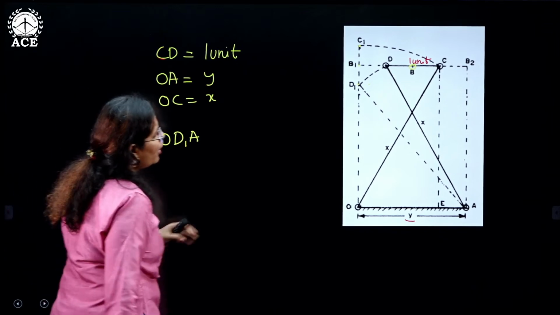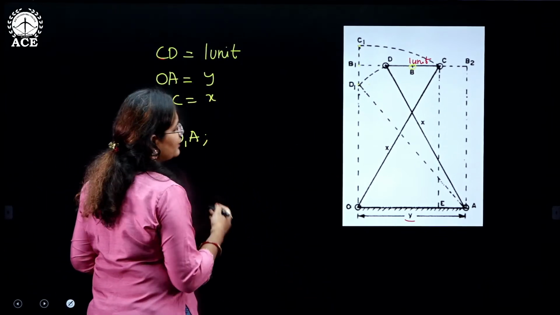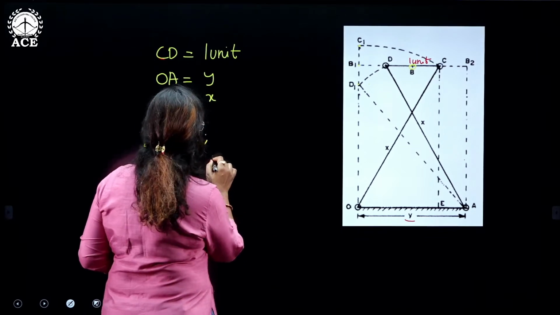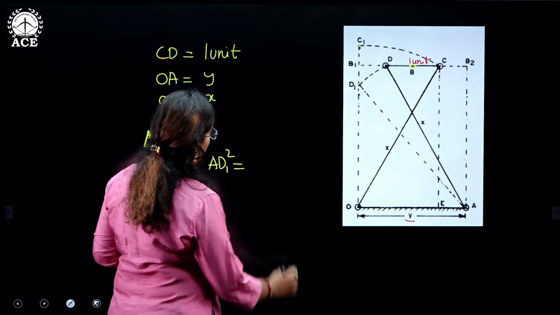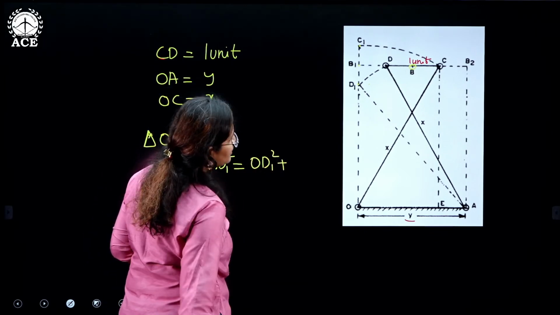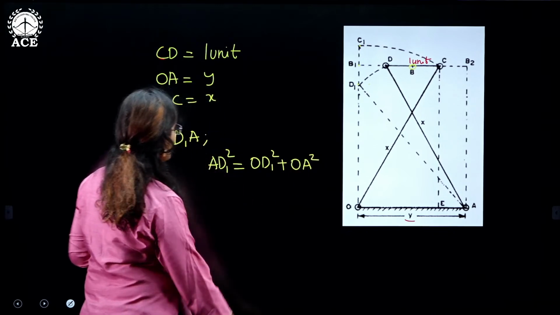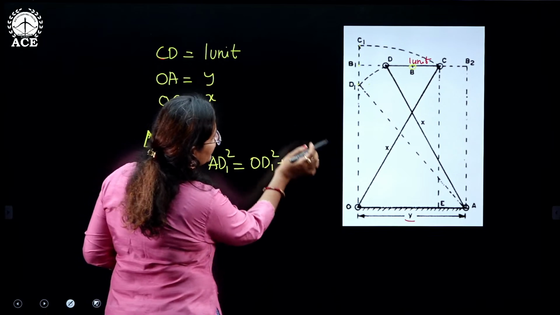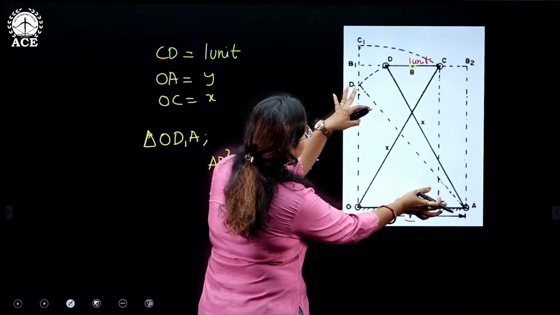So if I consider this triangle OD1A, from that triangle, if I want to formulate from Pythagoras theorem, I can say that AD1 square is equal to OD1 square plus OA square. Can I write that? So AD1 is AD.